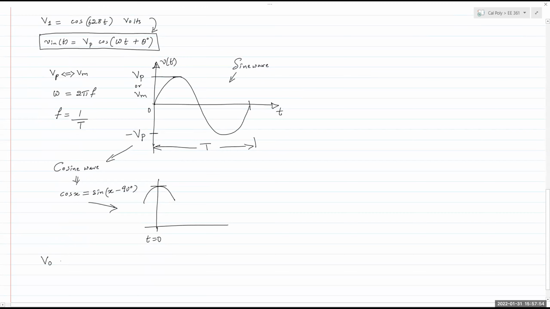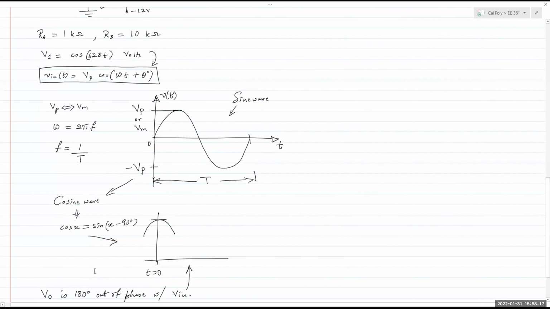So V out is 180 degrees out of phase with V in. Okay, your V in is right here, the cosine waveform. So whatever output you get has to be exactly opposite of that waveform. And that is the work that you need to show.